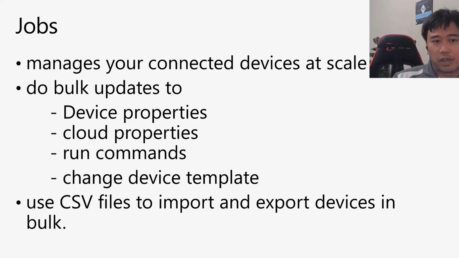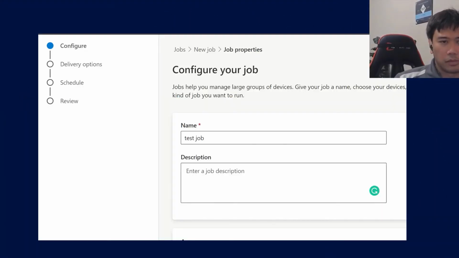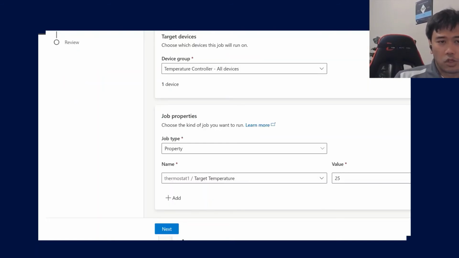So if you want specific devices that you want to manage, it would look something like this, where you can go to jobs, configure it, specify the name of what you're trying to do. You specify the device group, in this case, all my temperature controllers, and I want to change the property, the target temperature. In this case, I want to change it to 25.